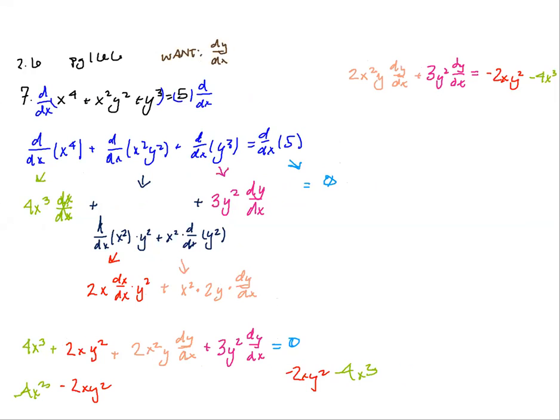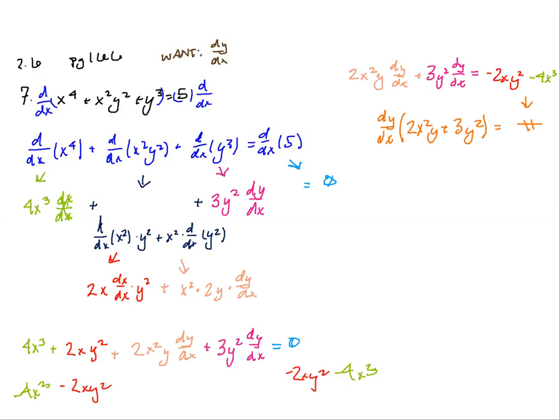Now we're just going to factor out dy dx. So this is now dy dx times 2x squared y plus 3y squared, and then equal to this same thing from up here.